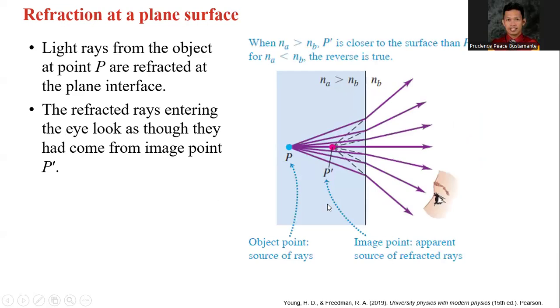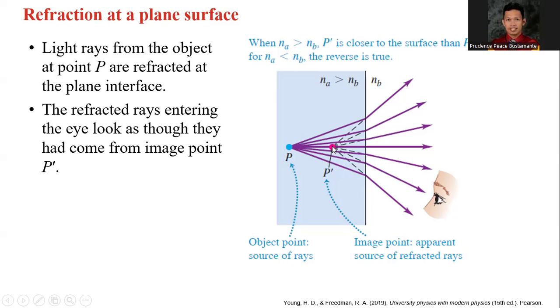We also discussed refraction. Aside from reflection, there is refraction. Light rays from an object at point P are refracted at the plane interface. The refracted rays entering the observer's eye look as though they had come from image point P'.